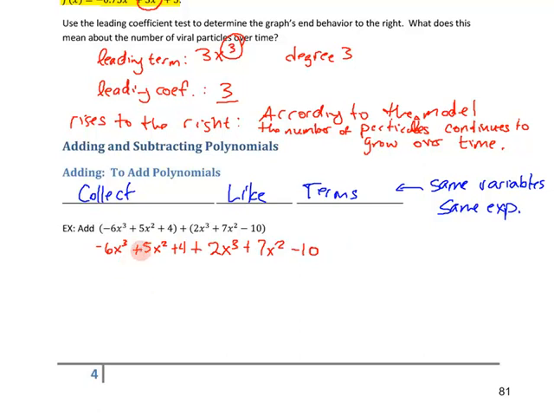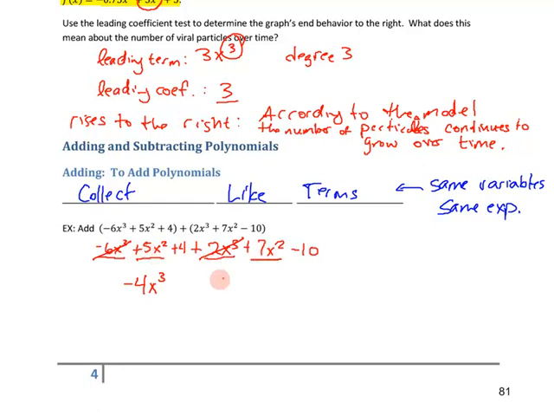Now I collect like terms. Now what are like terms? They're the same variable, same exponent. So this has an x cubed in it. The next one that has an x cubed is this one. So I'm going to add them together by adding their coefficients. So I take negative 6 plus 2 and I get negative 4 and keep the term the same. Okay, and I will have combined those. 5x squared, the next like term is going to be the 7x squared.